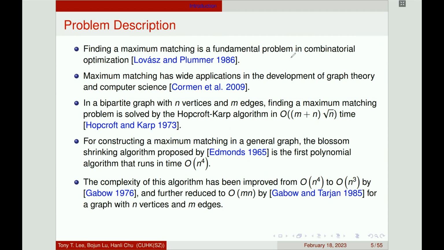You can see that this is really a fundamental problem in combinatorial optimization, and we really admit it. Previously in the literature, we have really great works on bipartite graphs, which are a special kind of graph, right? And also in the literature, we have works on general graphs.